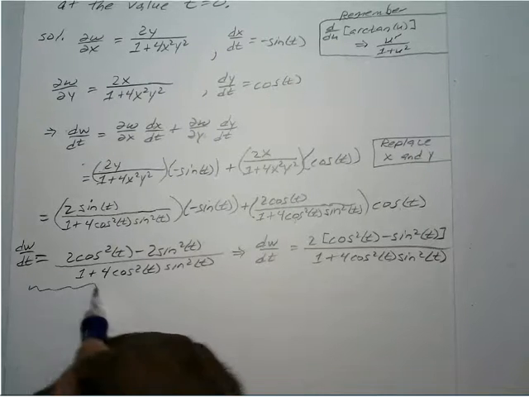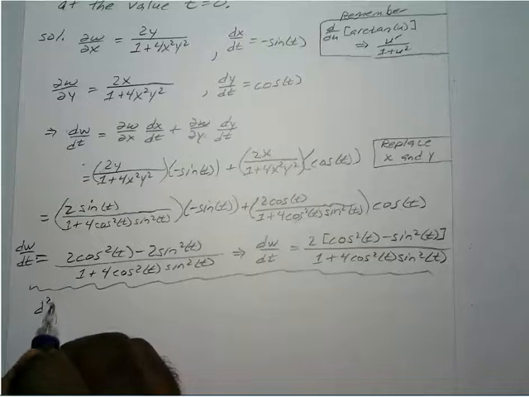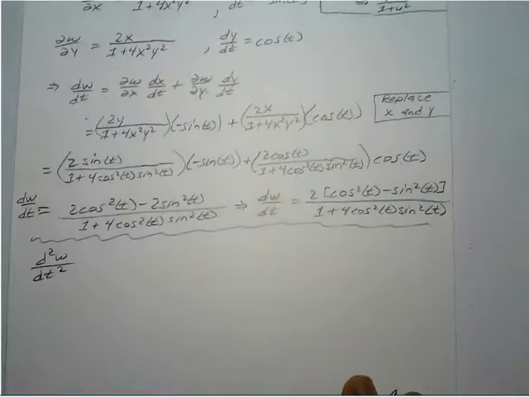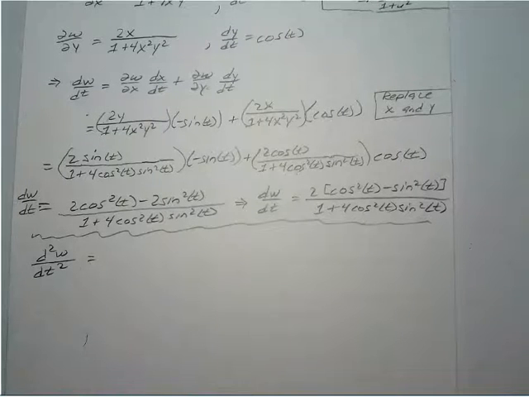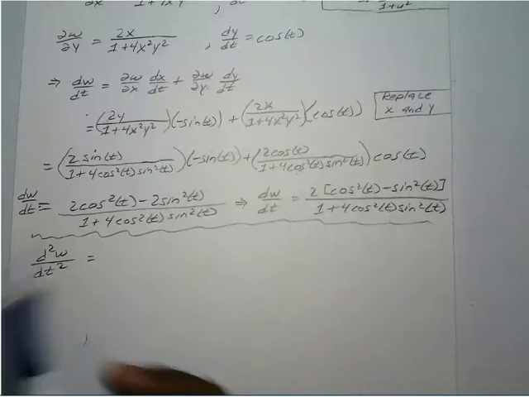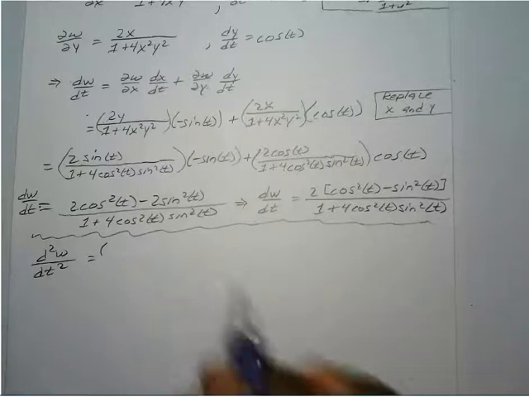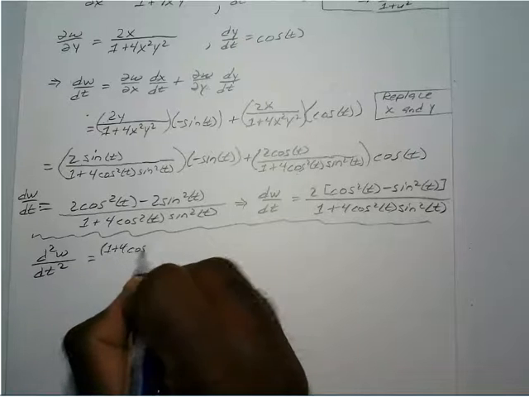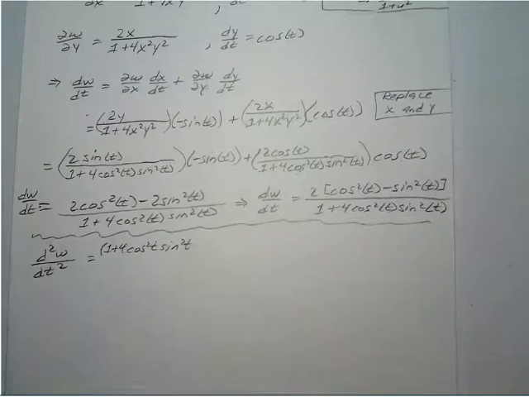Okay, so let me just give that a little bit of room. Second derivative with respect to t. Okay, so we're going to have the denominator, which is 1 plus 4 cosine squared t sine squared t.